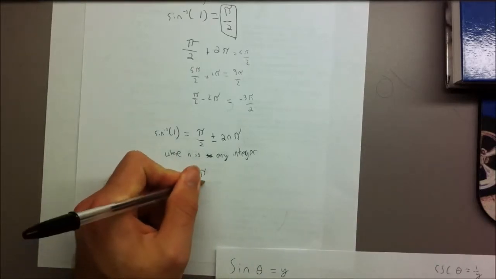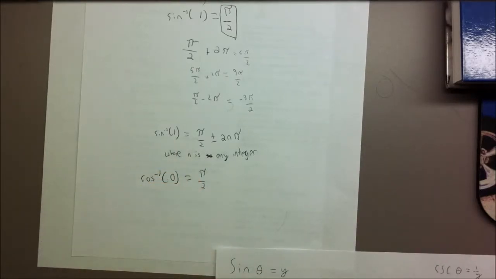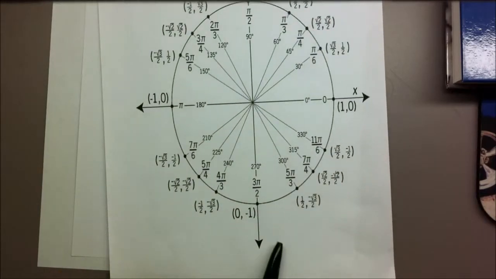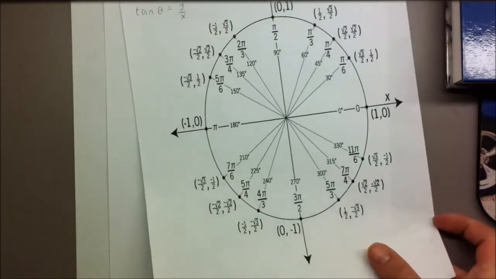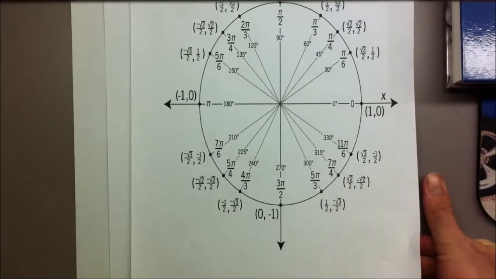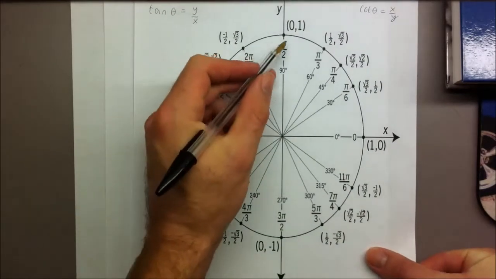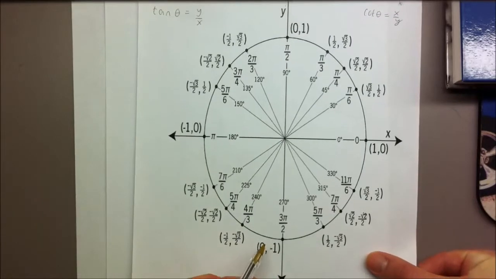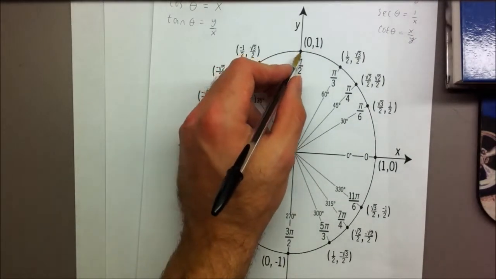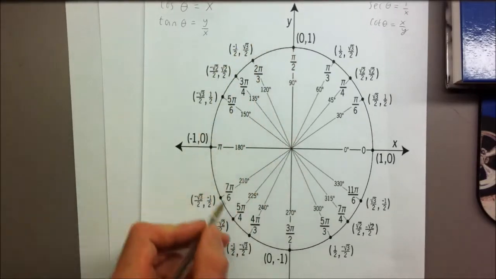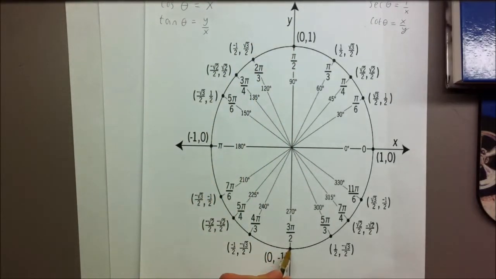So let's write this. We know that it's 0 at pi over 2. It's also 0 at 3 pi over 2 down here. But, you know, there's infinitely many places. So we could say, okay, how far apart are pi over 2 and 3 pi over 2? They're a distance of pi apart, right? So if you add pi, you get here, cosine is still 0.